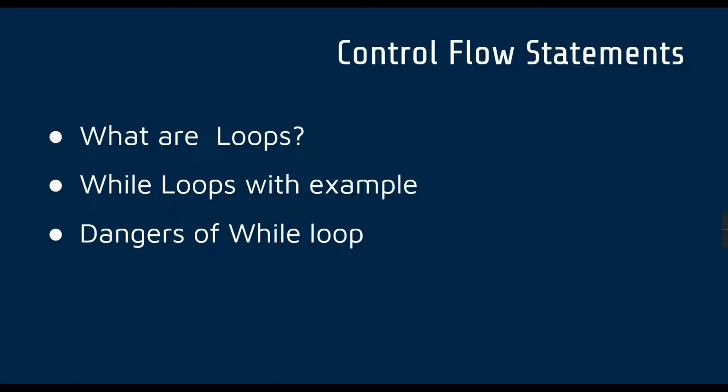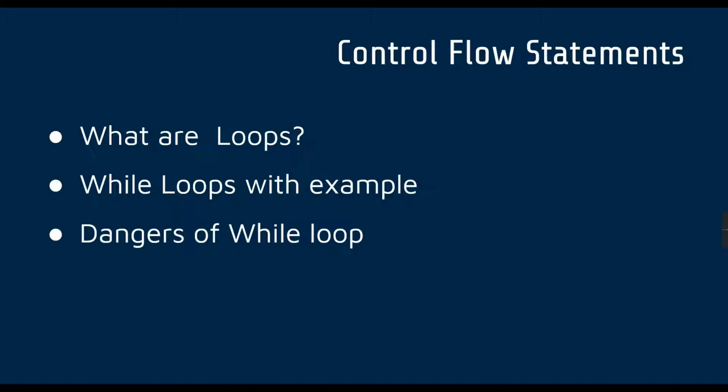So if we try to understand this in a more simple manner, it means that first the condition is checked and then the body of the loop is entered only if the condition is true. If it is false, then automatically we come out of the while loop.